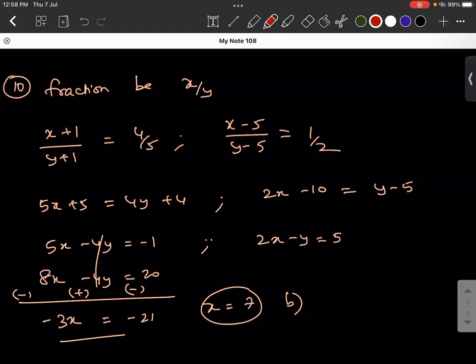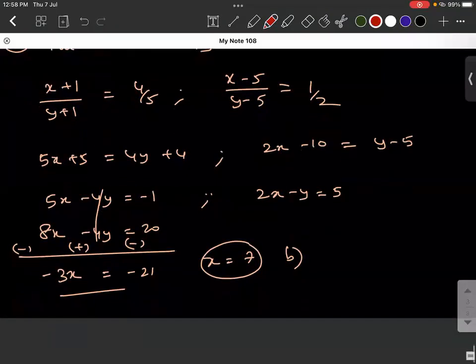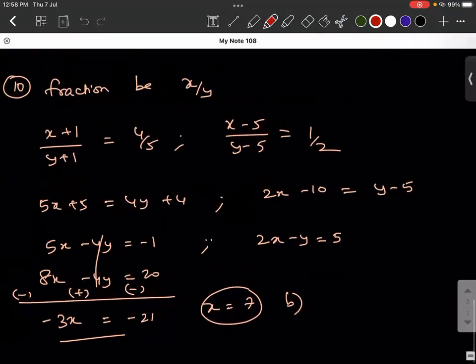So just to improve the speed, can we find the denominator also? Yeah. So 14 minus y is equal to 5. Yes, y is 9. Y is equal to 9.